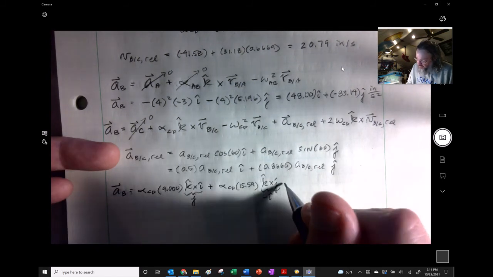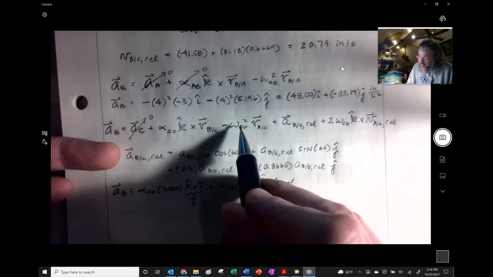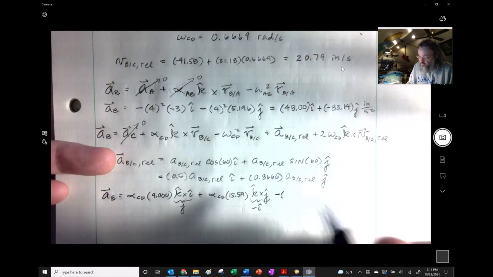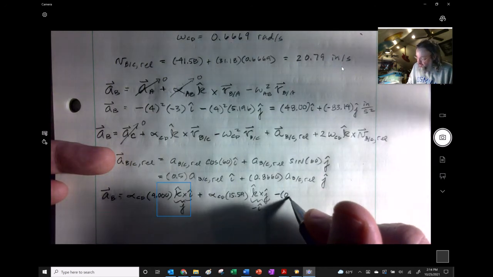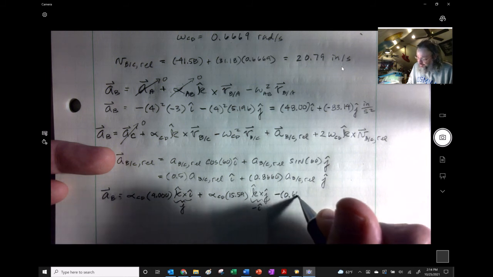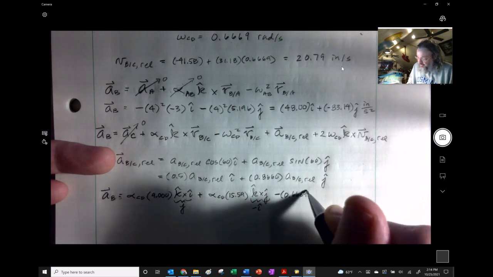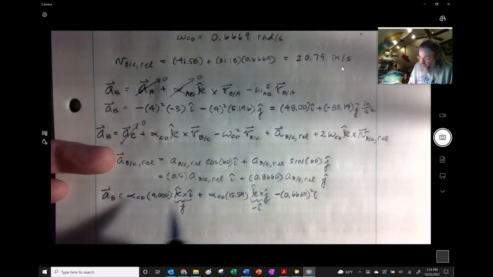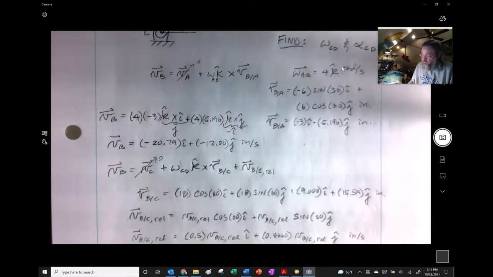Then we're going to have a minus, and that's going to be this omega squared, so 0.6669 squared times 9.